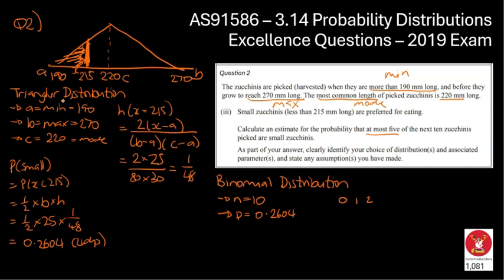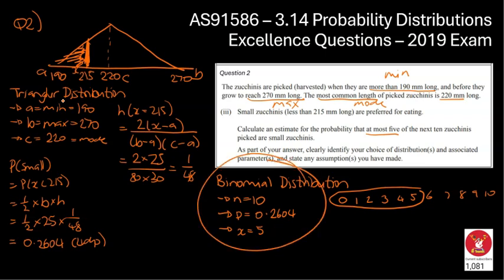We've now just got to figure out what we're trying to do. So let's draw my number line: 0, 1, 2, 3, 4, 5, 6, 7, 8, 9, and 10. And we're trying to find the probability of at most 5. So at most 5 would be any of these outcomes over here. And we're not really interested in 6 or more at this stage. So for this group, the parameter, or x, is going to be equal to 5 for my binomial distribution calculator. And again, if you don't know how to do this, do let me know in the comments.